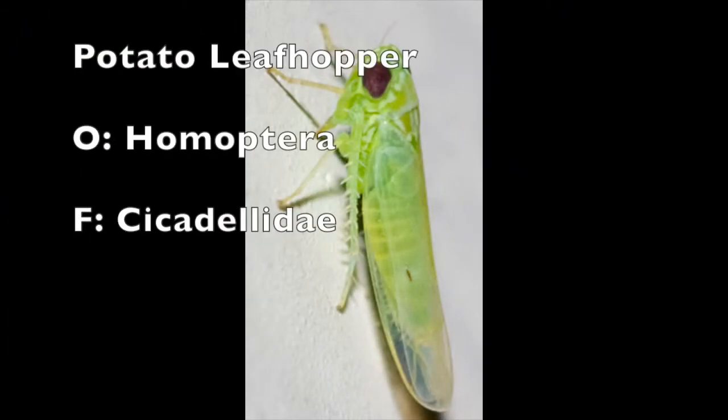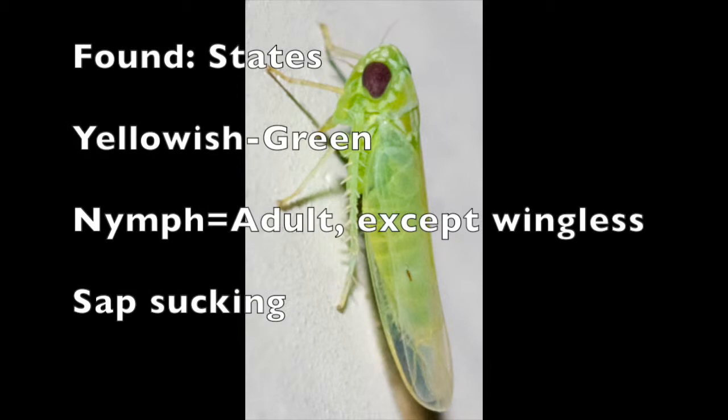The last one we have today is the potato leafhopper, from the order Homoptera and from the family Cicadellidae. They come to the States every spring.